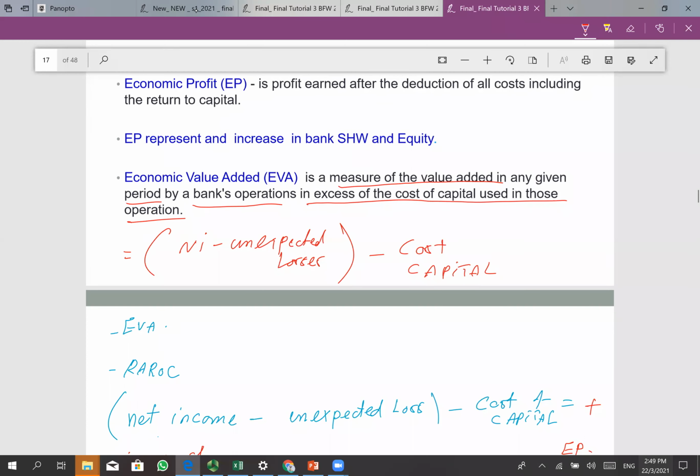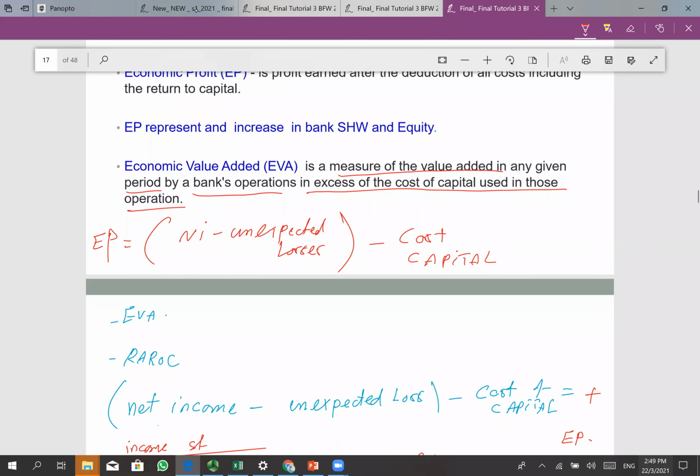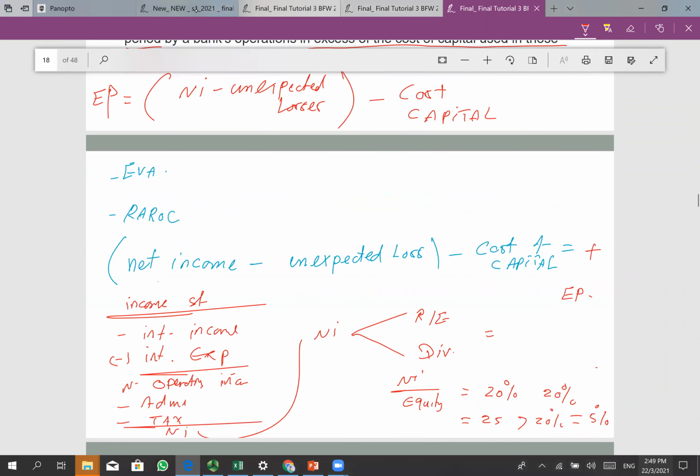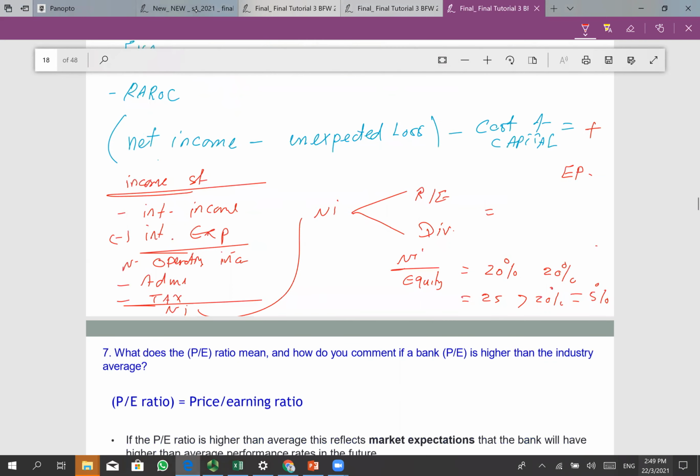This is the economic profit. It can be anything. If it is minus, it's already losses. Okay. Any questions in this stage for this area?